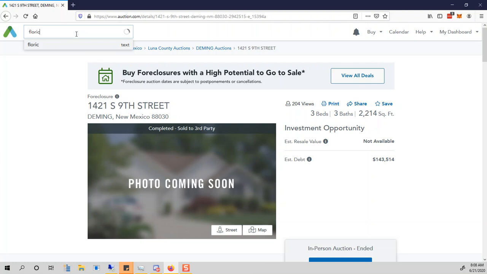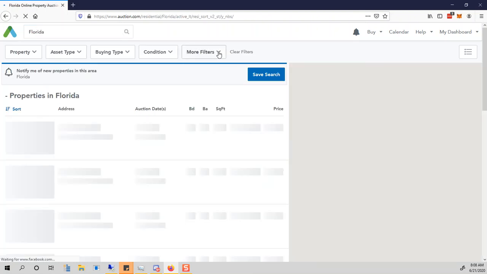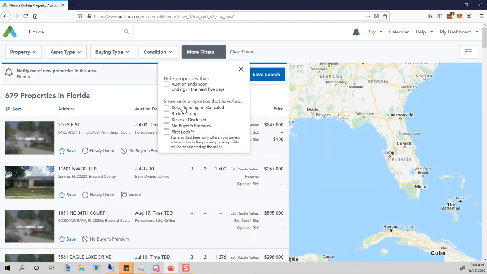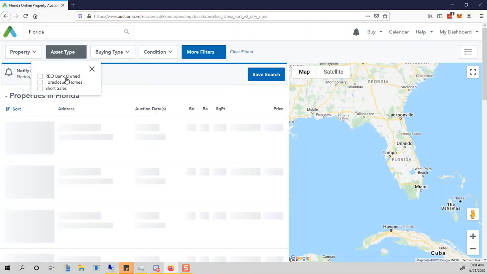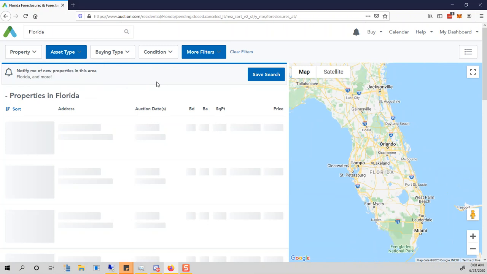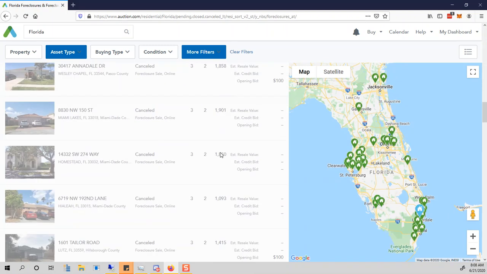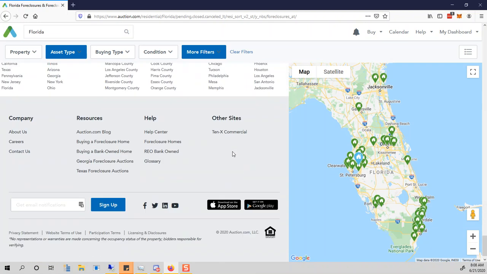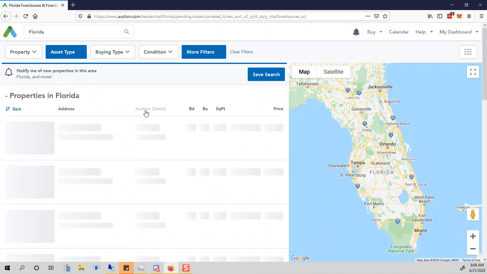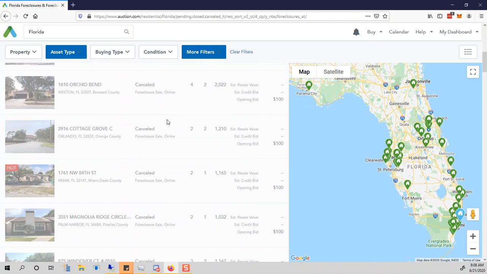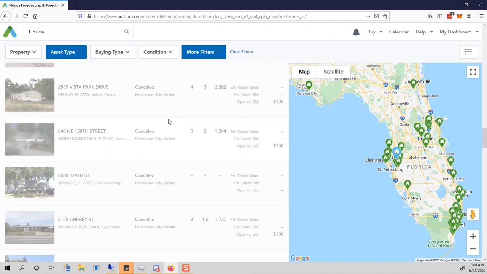Let me try to get into Florida with the proper filters on. Sold pending, foreclosure homes. Let's see if I can find any sold to third parties in Florida and see what that situation is. There's one.